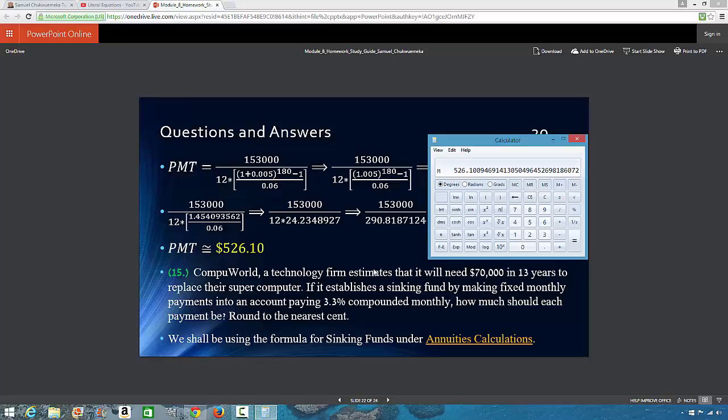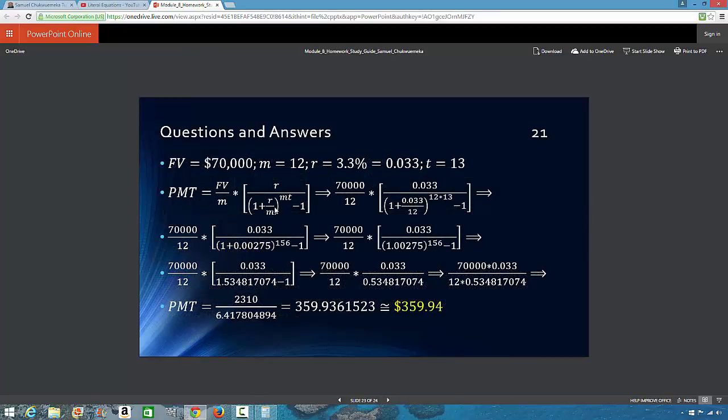If it establishes a sinking fund by making fixed monthly payments into an account paying 3.3% compounded monthly, how much should each payment be? Round to the nearest cent. So we're going to use the sinking funds formula under annuities calculations. You take down the formula. And this is the sinking funds formula here.